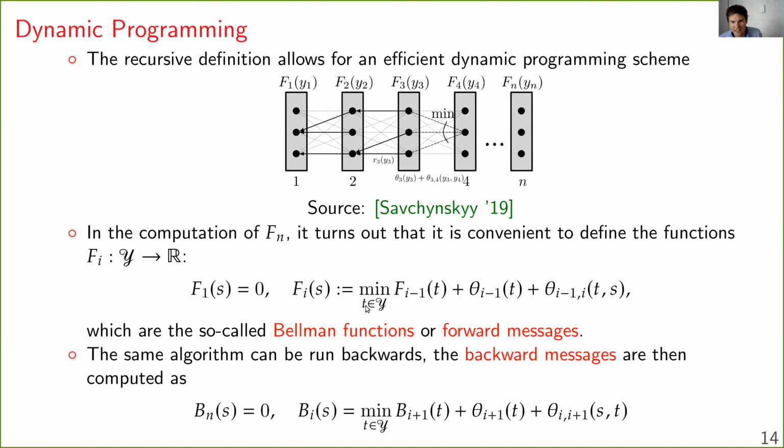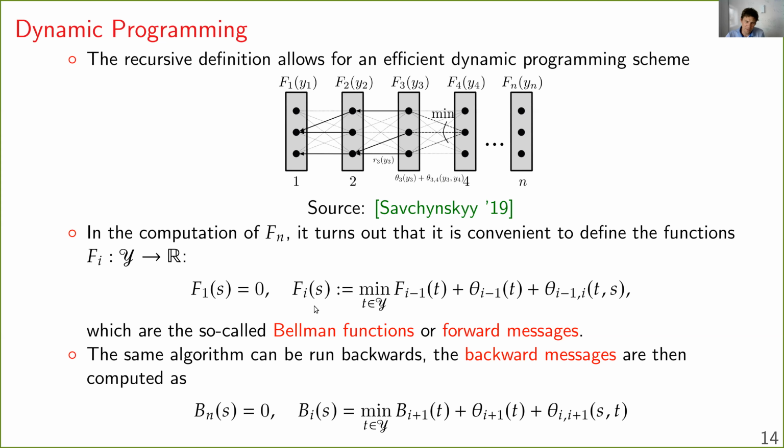So this also means that if we have, for example, k labels, the complexity is k squared for solving this optimization problem. But if you have more structure in your pairwise terms, like the total variation, it turns out that you can speed up the computation, and it's only linear in the number of labels, because this then represents a minimal convolution.